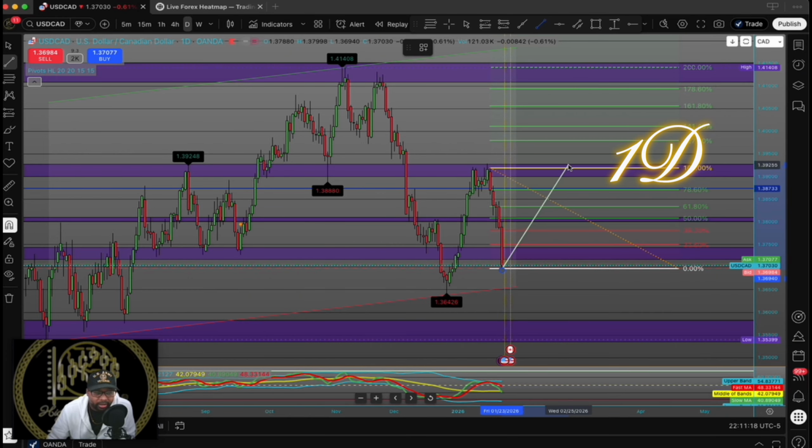If it breaks 100, it's going to continue to 127, 141, 161, 178, making a stop hunt right here in the 200 and then reversing completely to go on a downtrend. Or in the case that it does what we're expecting, we're waiting for this part right here to hit this, and then we buy because the market is going in an uptrend.